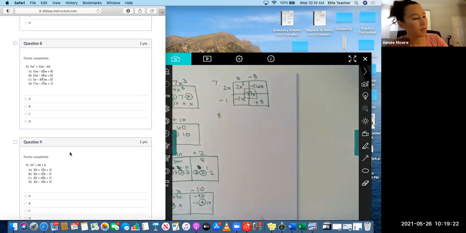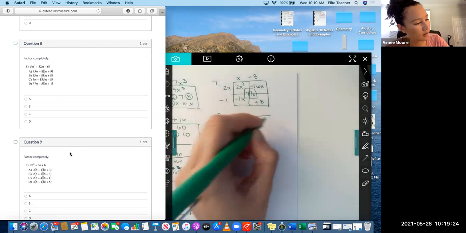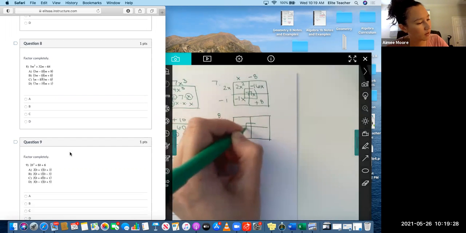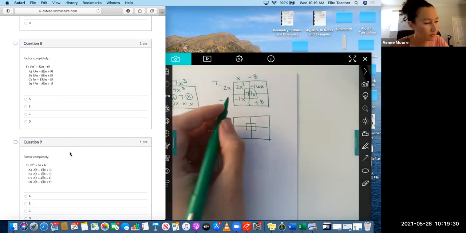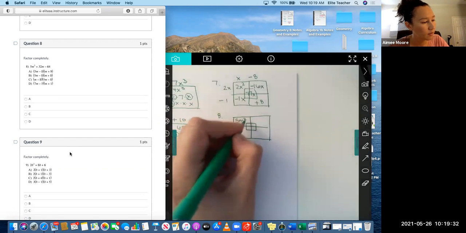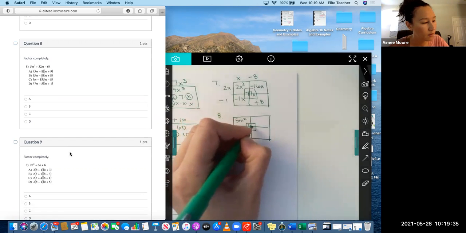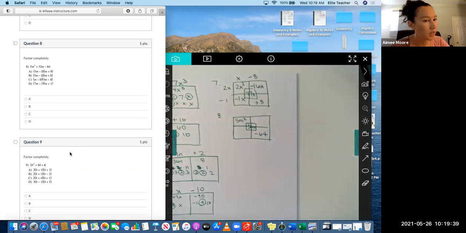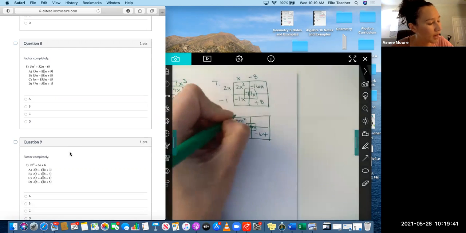And then we're going to do the same thing for number 8. And let's use the answer choices again. So we know this is 5m and m.